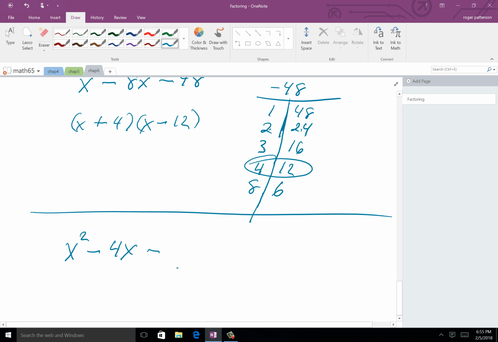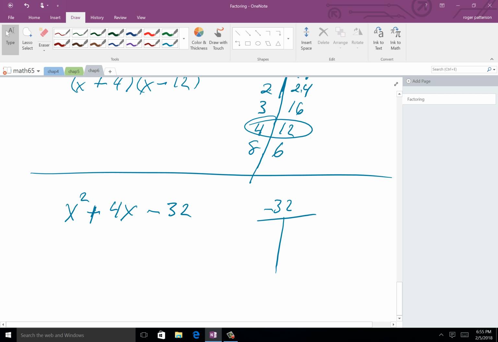We'll do another minus one here. This time we'll put a plus there. Okay, there we go. Now we got 32. Okay, so we have 1 and 32.